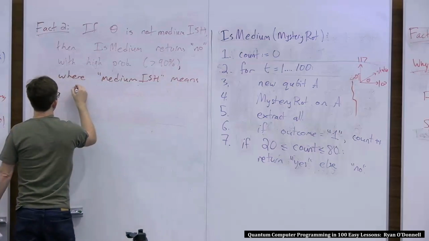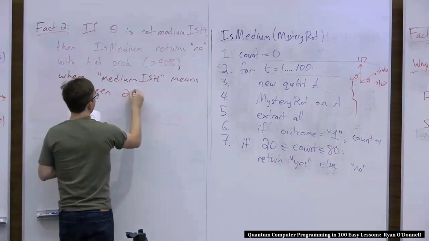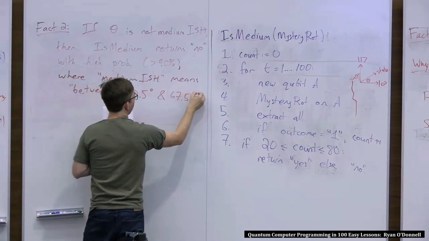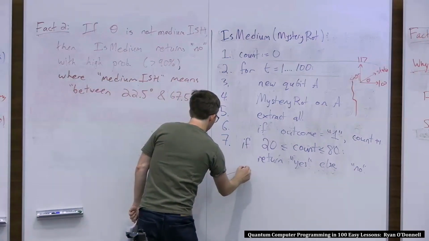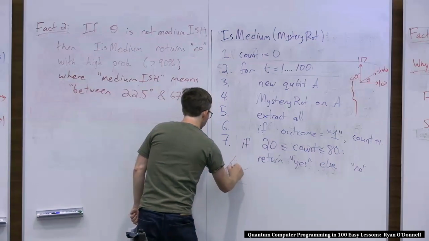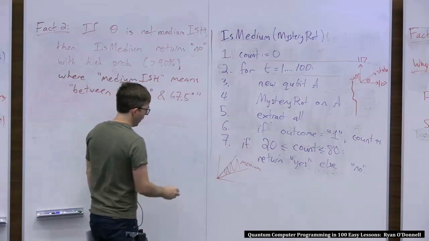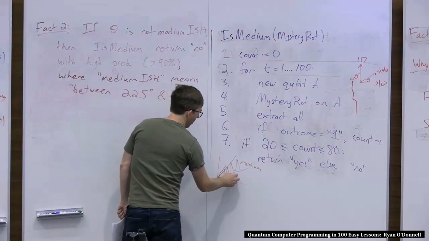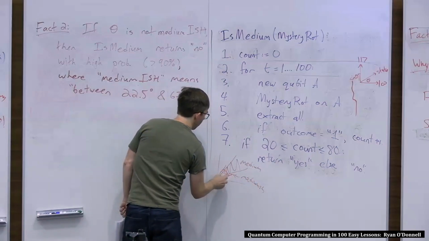It means between 22.5 degrees and 67.5 degrees. So I can split it into thirds. This was medium, but then this slightly wider range is medium-ish, this whole range.